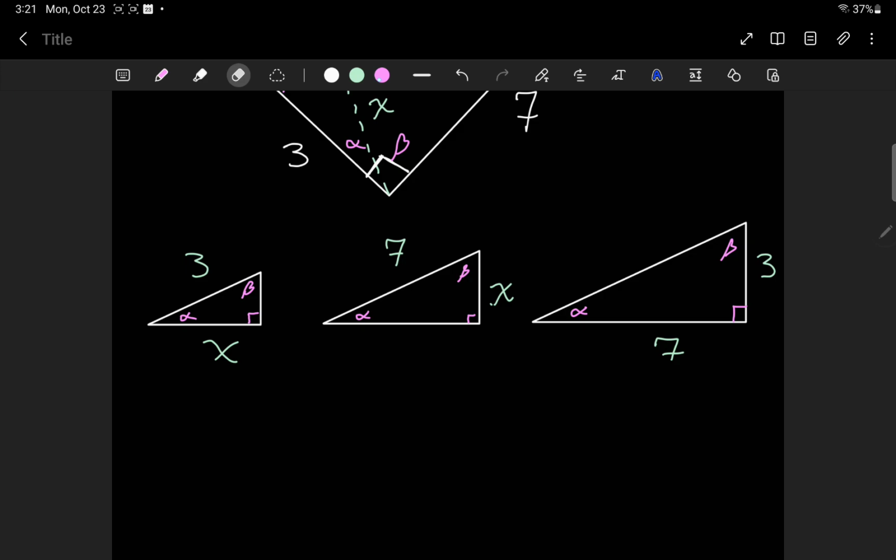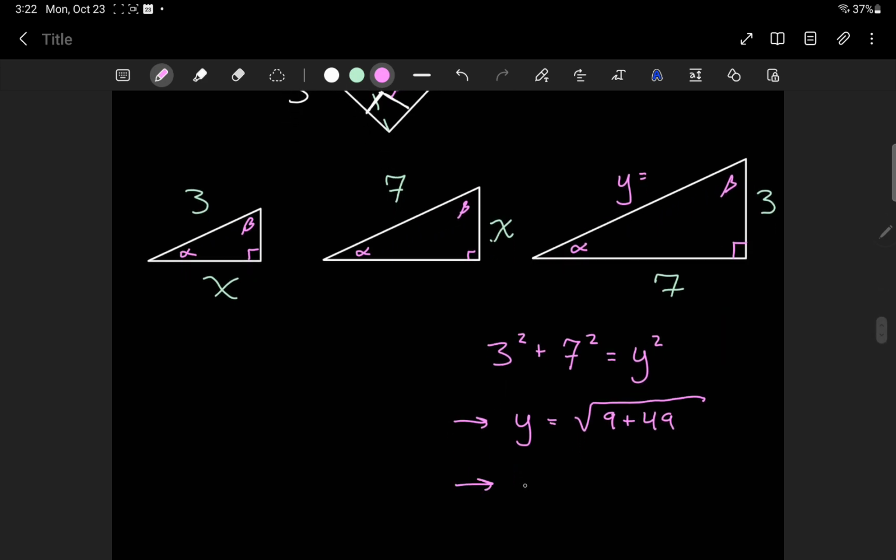So let's figure out that value y, just to give it a name. So we know that 3 squared plus 7 squared is equal to y squared. So that means that y is going to be the square root of this. So it turns out that y is equal to 7.61.